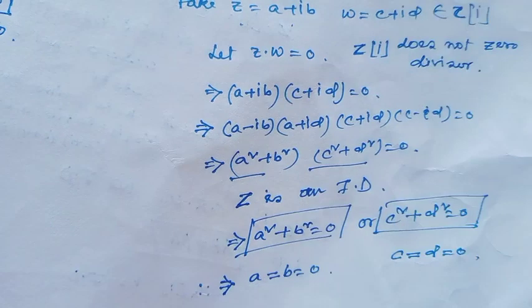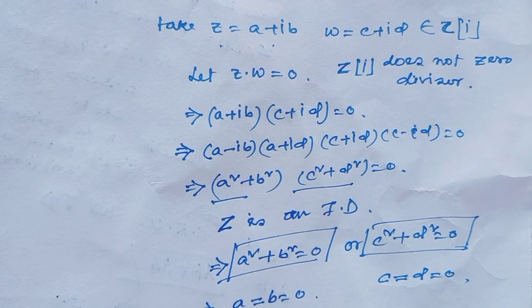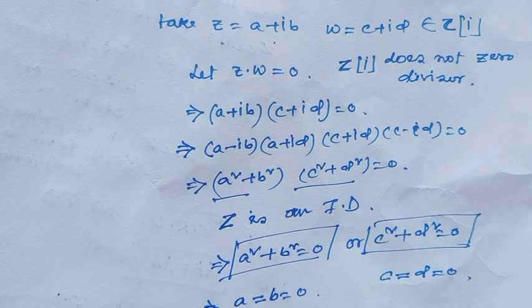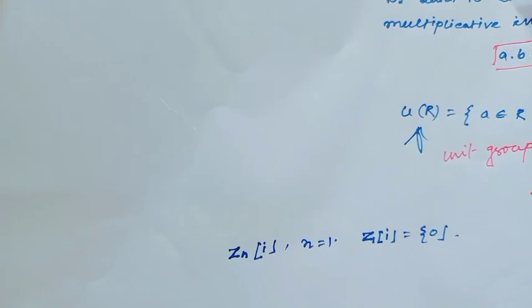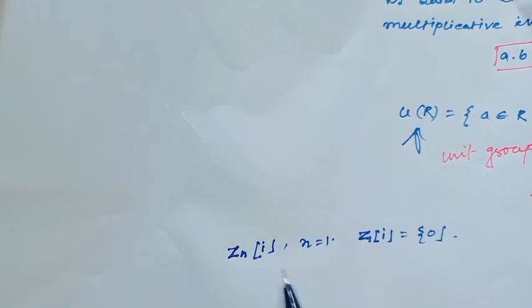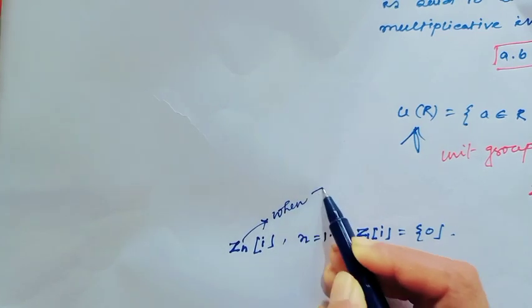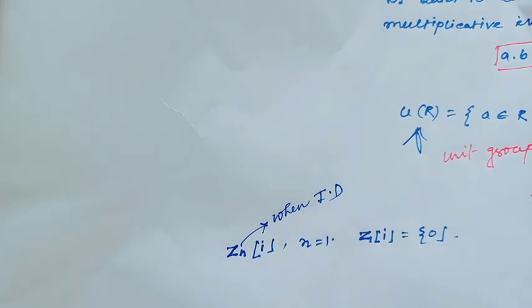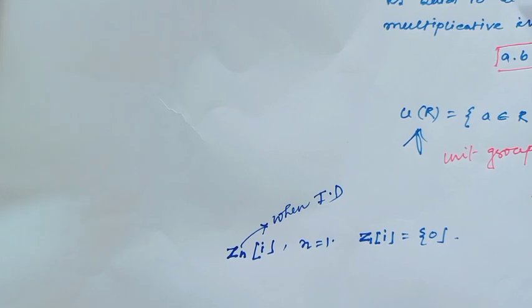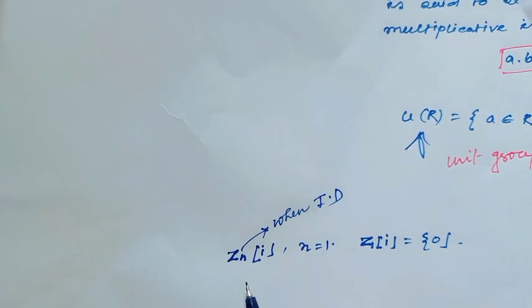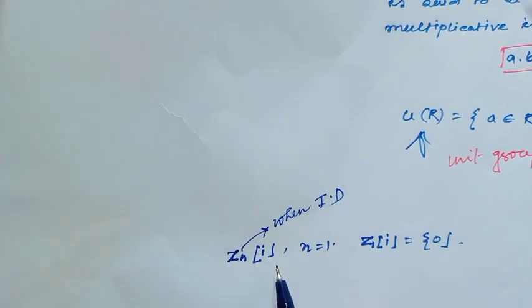I hope all my viewers have understood this concept easily: why Z[i] is an integral domain. Observation: I will see when Zn[i] is an integral domain. We all know Gaussian integers are always an integral domain, but here the question is, for which value of n is Zn[i] an integral domain?